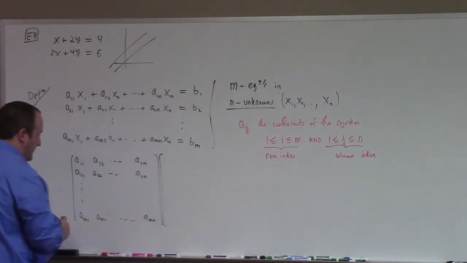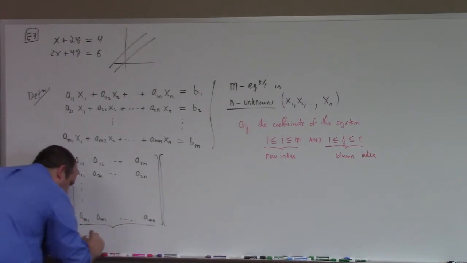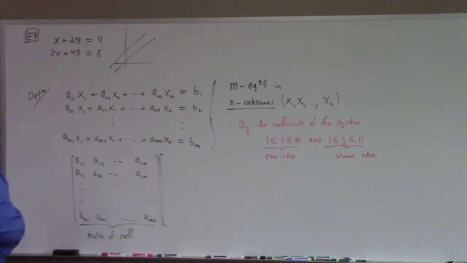So there's the matrix of coefficients. It's m by n, m rows, n columns.